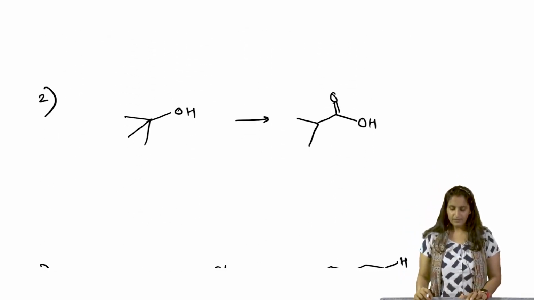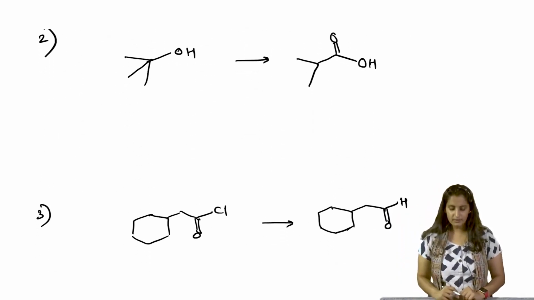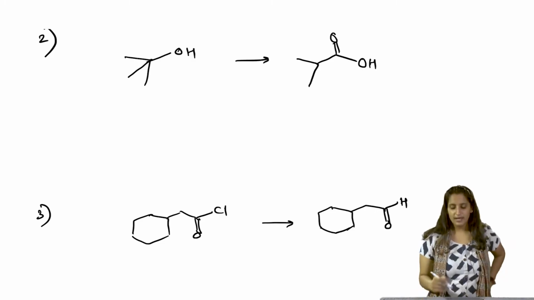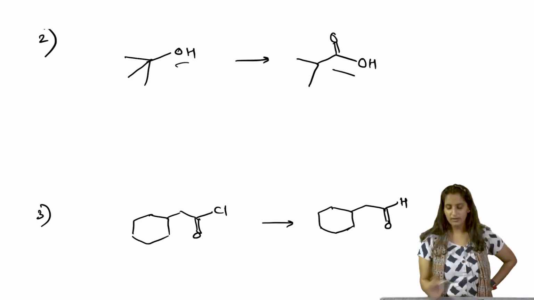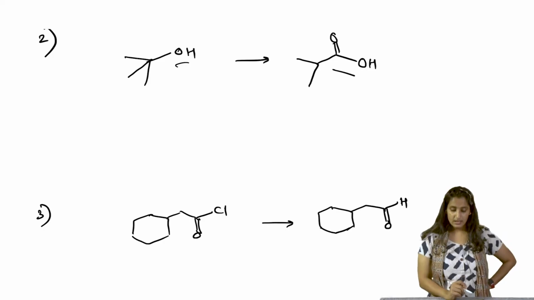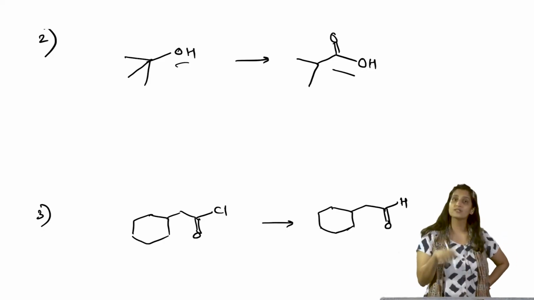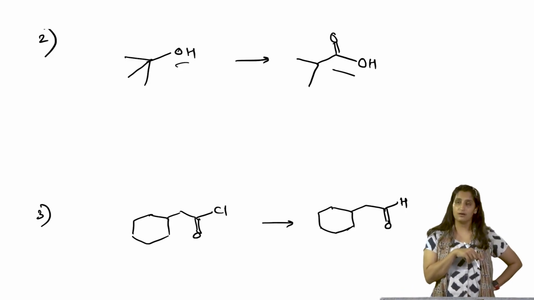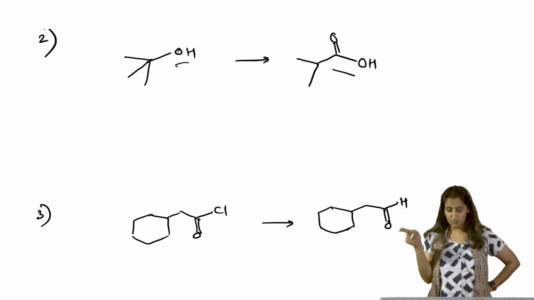Okay. Let us go ahead for the second one. What do we again observe? We have a starting material as alcohol, end product as acid. Although the number of carbons here now stays the same, so I cannot use the method that I was using, which was Grignard and CO2 addition.